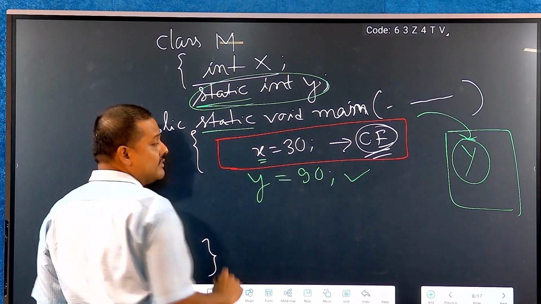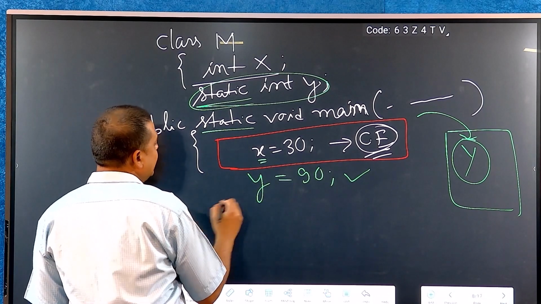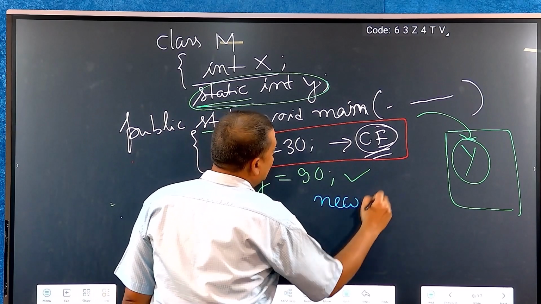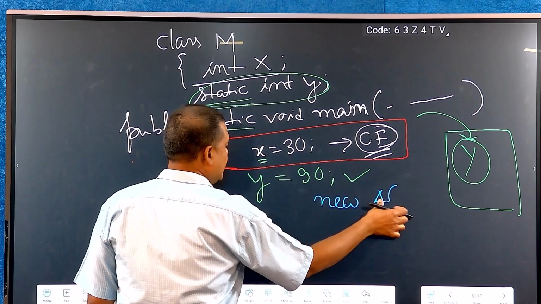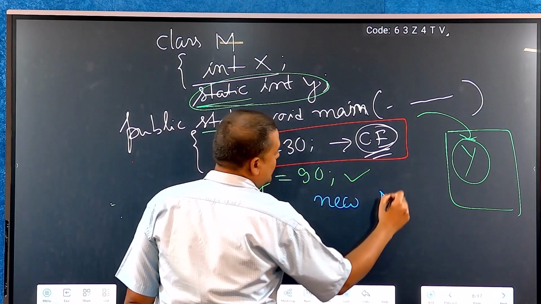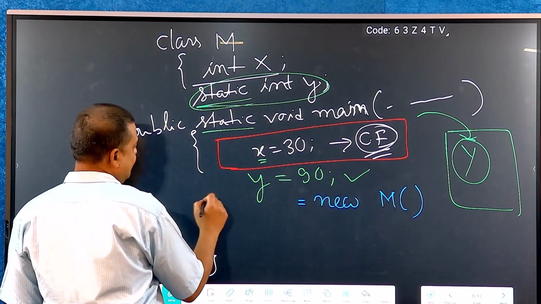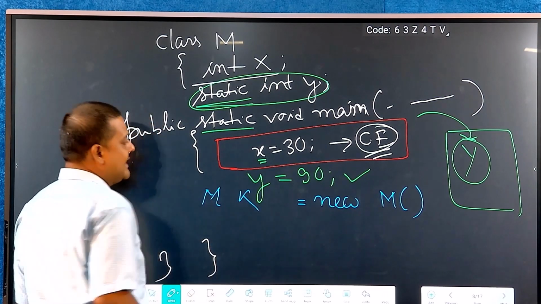We need to create the reference variable. Any answer? Yes, we will write new m, here it is m. So, new m will be stored inside some variable, say k is the variable, k equal new m.